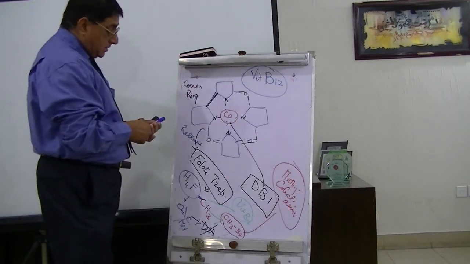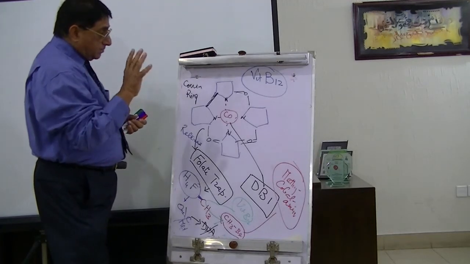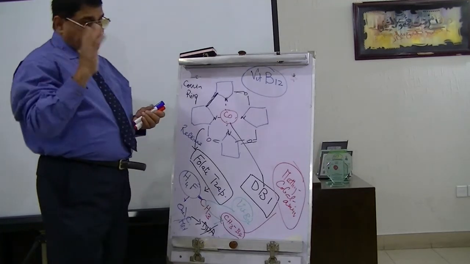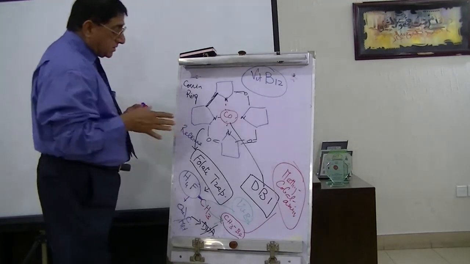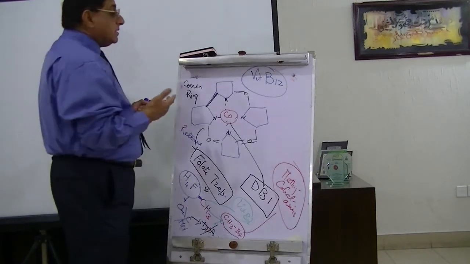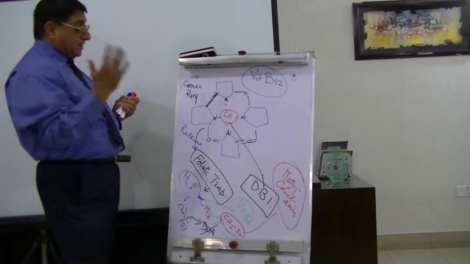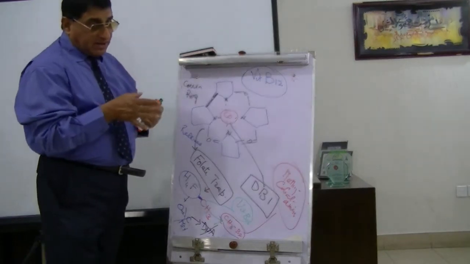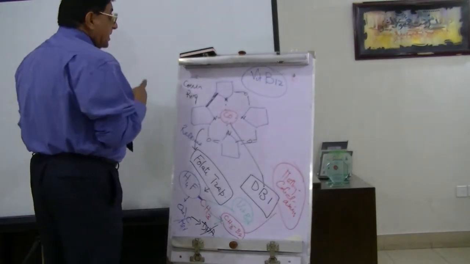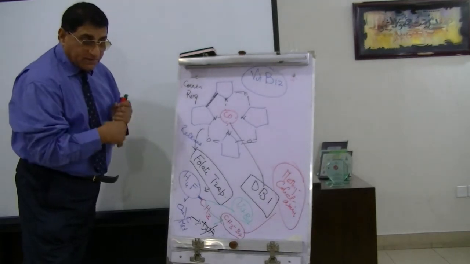So B12 deficiency also causes megaloblastic anemia indirectly. It will also cause anencephaly indirectly, and it will also cause the spina bifida defect.